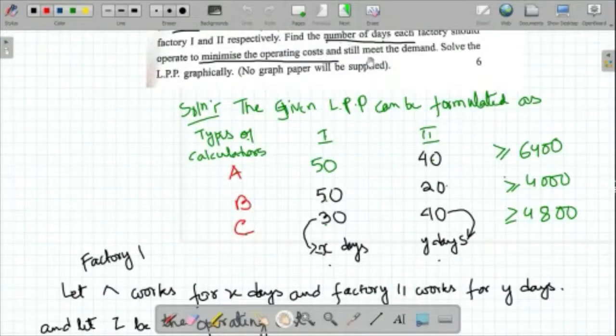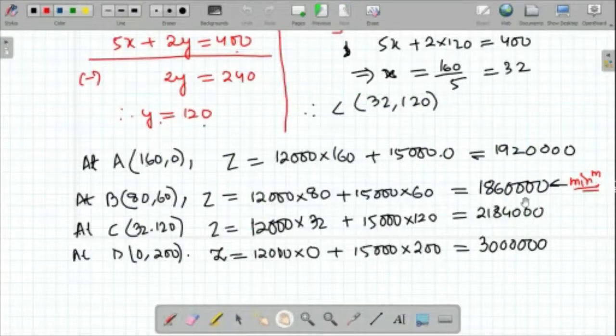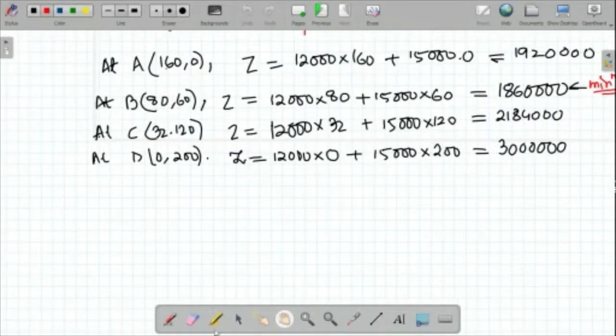Just look at the question. Find the number of days. That means you have to find the X and you have to find Y, right? So we are getting the minimum value at which point? This B.